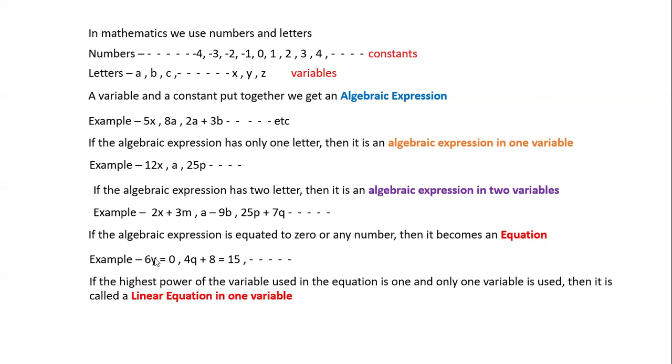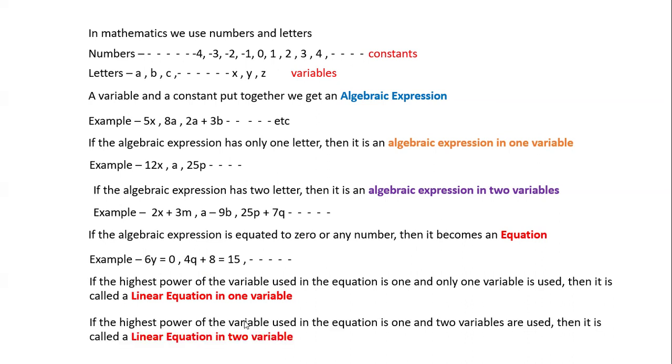That means the power of the variable should be 1. When the power is 1, it is called a linear equation, and if only one variable is used, then it is a linear equation in one variable.